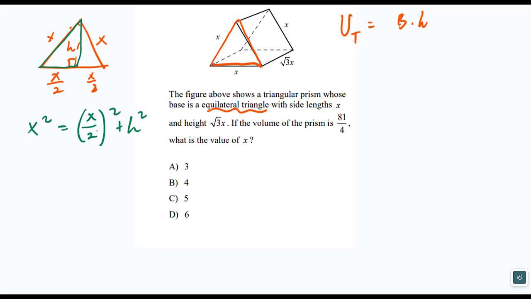Now if I rewrite this in terms of x, this is going to be x squared minus x squared over 4 equal to h squared. So that's going to give me 3x squared over 4, simply going to be equal to h squared.